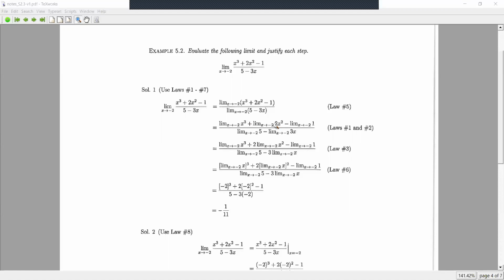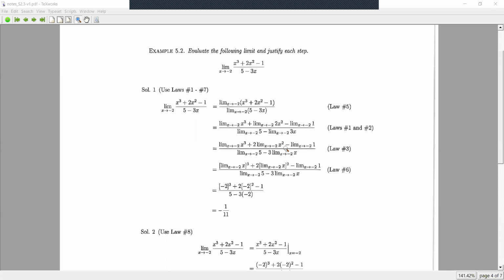I can see that some limits are constant times a function. So I can move the constants outside the limits. So we have this equation. x to the third, x squared, they are power functions.